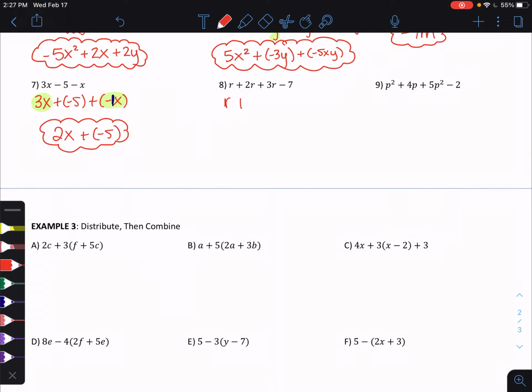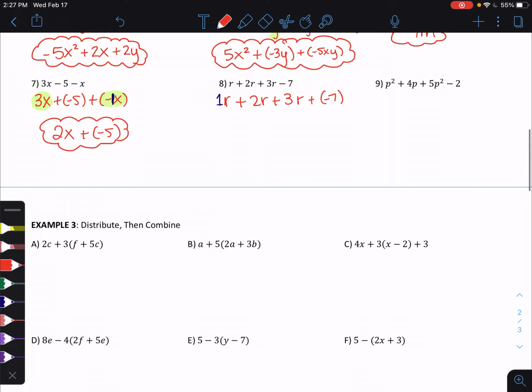Number 8 is r plus 2r plus 3r plus negative 7. And again, there's a 1 in front of this first r if you need that for now. So 1 plus 2 plus 3 is going to be 6r plus negative 7.